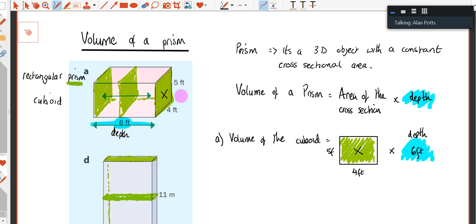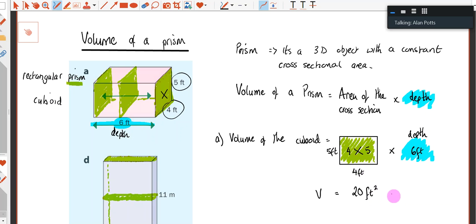So we've got these two numbers. But yeah, you're right, Jay. It's 20, isn't it? So we do 4 multiplied by 5 and we get 20. 20 what? Not quite. Yeah, square feet, because it's an area.